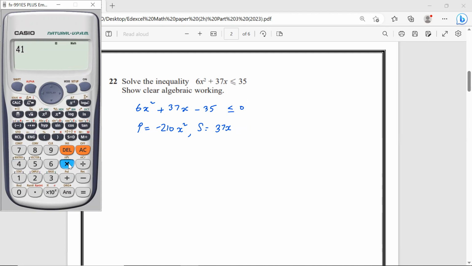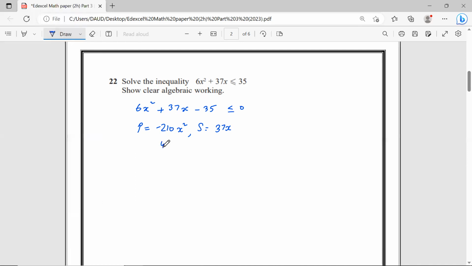For example, 41 multiplied by 4, no, 42 multiplied by 5, yes, that gives me the answer. But remember that 42 must be plus, so 42x minus 5x is exactly 37x.